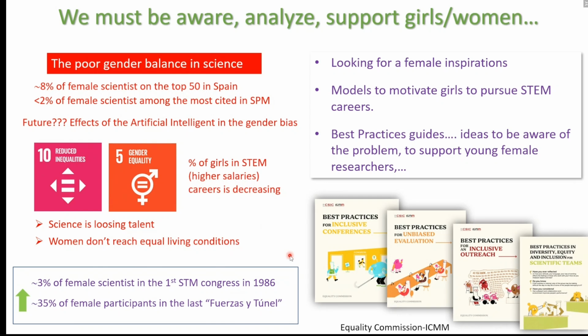In the Equality Commission of the Institute of Materials Madrid, we have published some best practice guides, just with some ideas, to be aware of this problem and to give some ideas of how to decrease or solve it, or just to make less and less the discrimination against women.